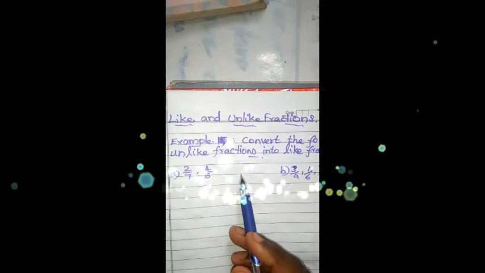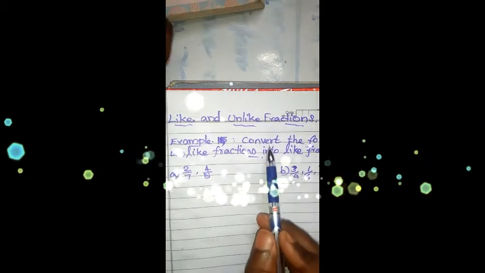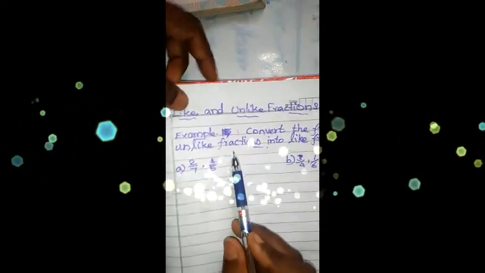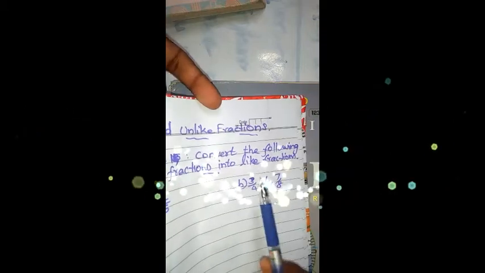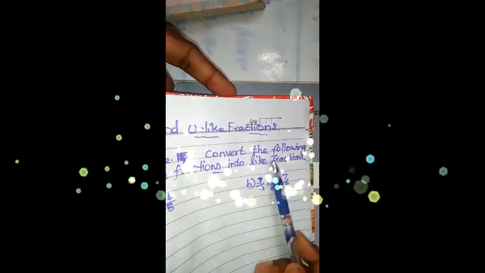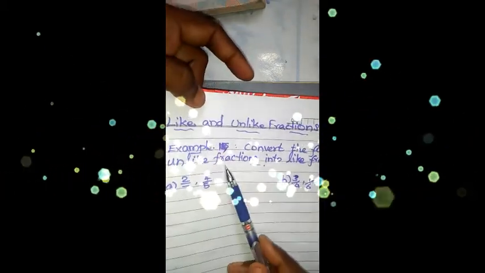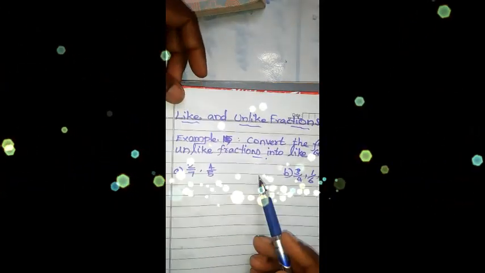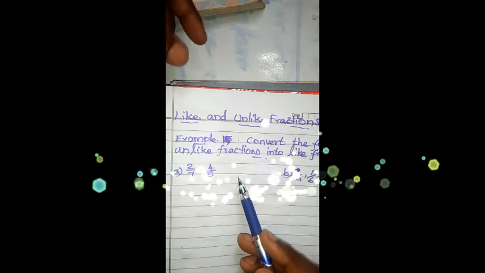Come to the same page number 79, example 15. Convert the following unlike fractions into like fractions. Is it possible to convert unlike fractions into like fractions?